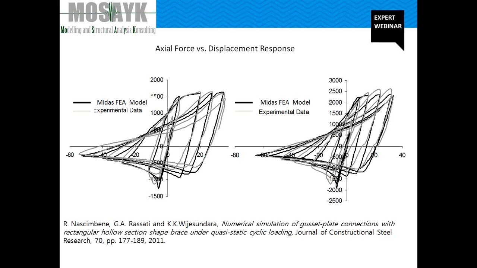Here it is clear that, superimposing the Midas FEA numerical model with the available experimental data, the model is able to reproduce the initial stiffness, the stiffness degradation during the evolution of the pushover analysis, the strength and the ductility, the damage scenario, and by considering globally the cyclic behavior, it is also able to represent the energy dissipation of the full cycle.